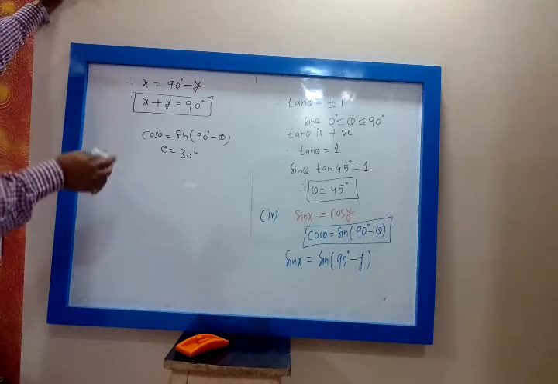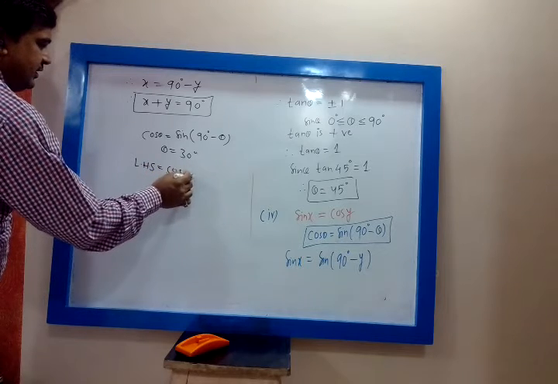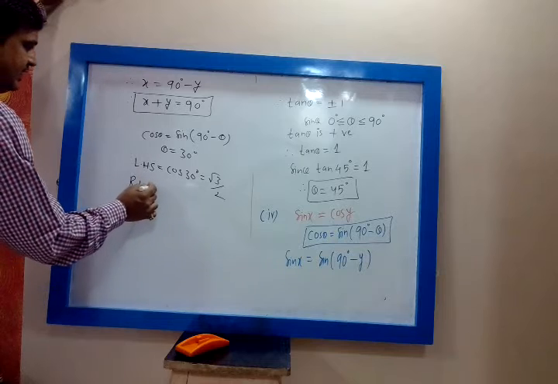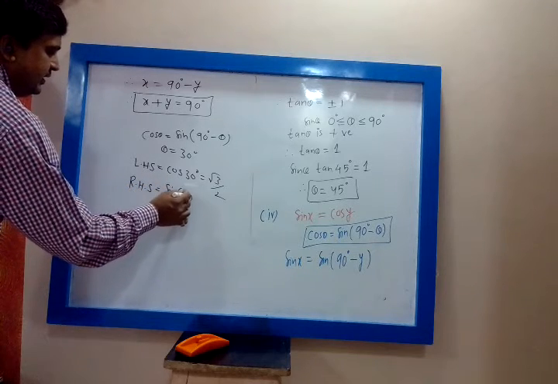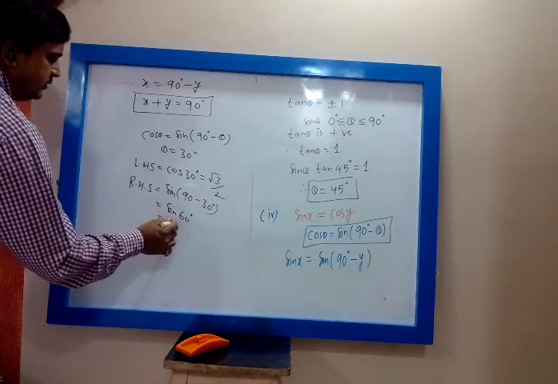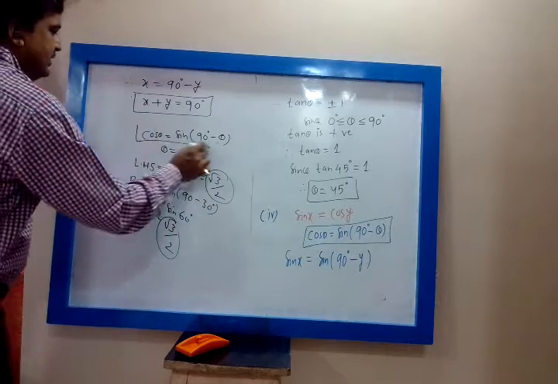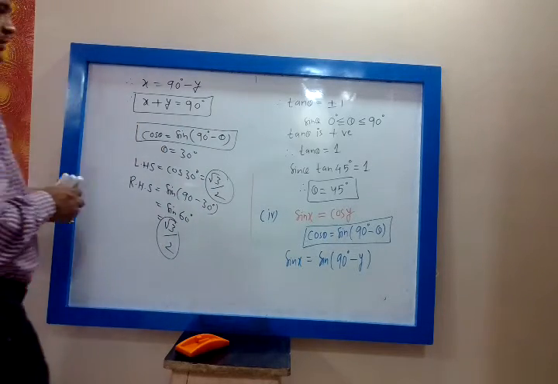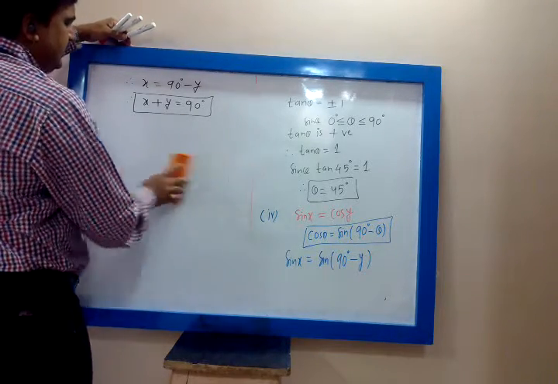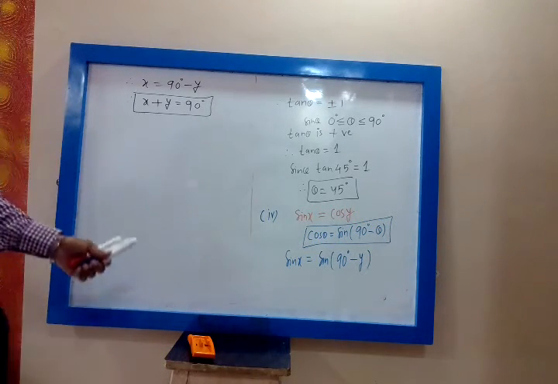Let us take theta is equal to 30 degree. On the left hand side you will get cos 30 degree, which is root 3 by 2. What about the right hand side? Right hand side is sin 90 minus 30 degree, that will be sin 60 degree. Sin 60 degree is root 3 by 2. So left hand side is same as right hand side. They are equal, so this result is valid. In fact, we are going to study this in complementary angles. That is why I was not going into much detail in this.